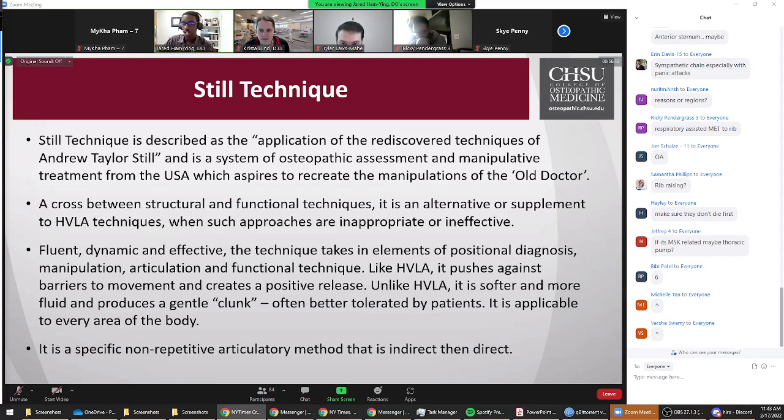Instead of having that articular crack, for example, you're going to have a little bit of a clunk, might have a little bit of a pop, but you don't always have to have that really loud sound you might normally have from the articulation in HVLA. We're going to classify this one as a specific, non-repetitive articulatory method. It's indirect first, then it's direct.